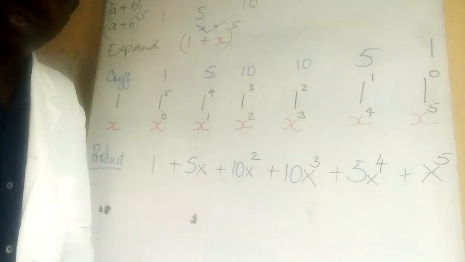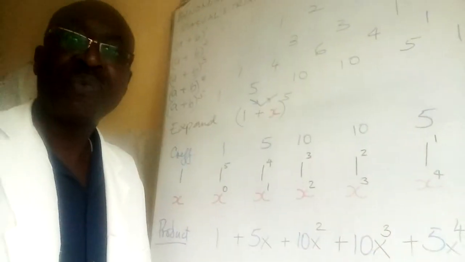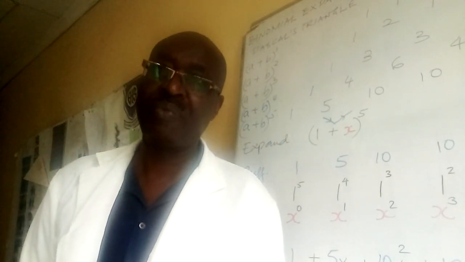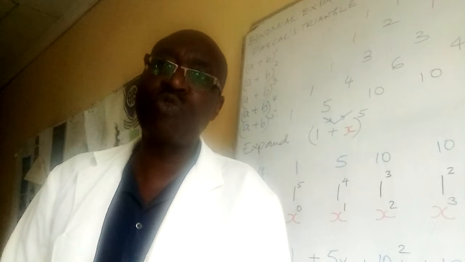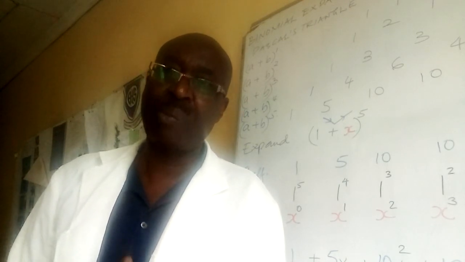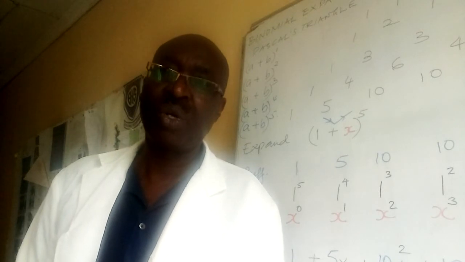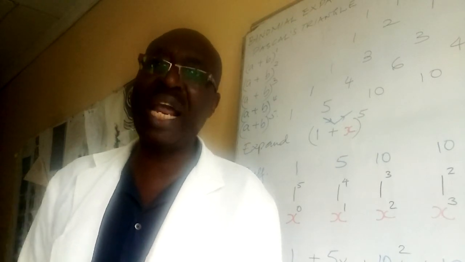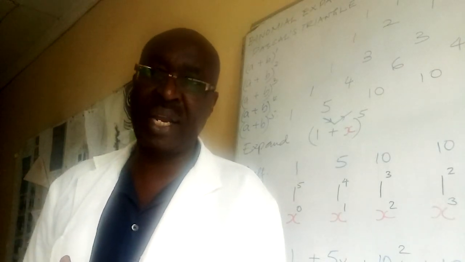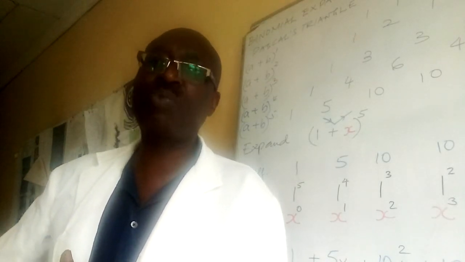In conclusion, binomial expansion means expansion of two terms. Bi means two, so there are two terms in a bracket. You are required to expand to give the expansion form.